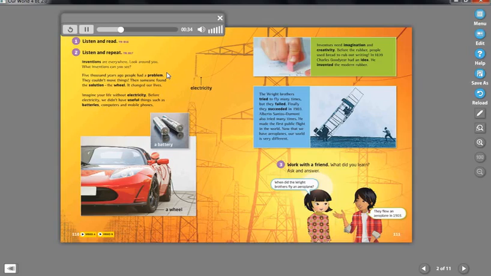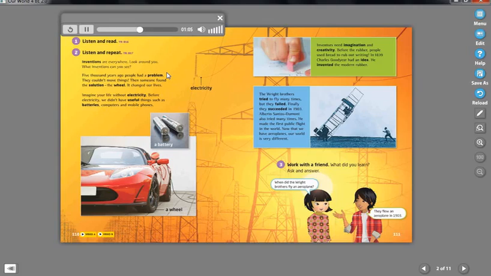The wheel is the most famous invention. Electricity. Did you know that electricity is not an invention? Useful. Umbrellas are useful in the rain. A battery. My mobile phone needs new batteries.